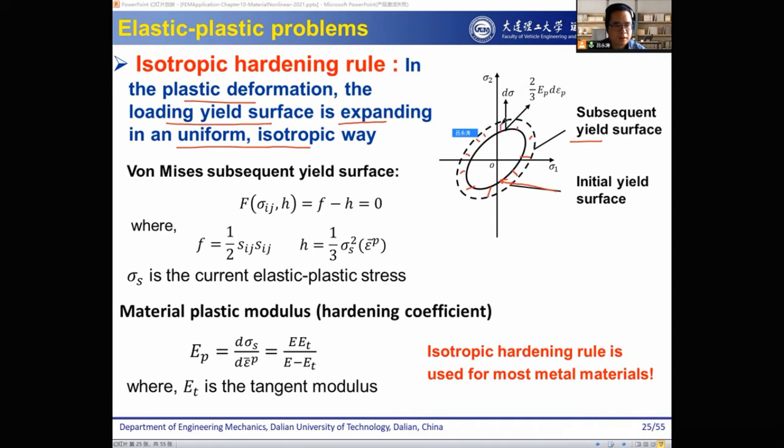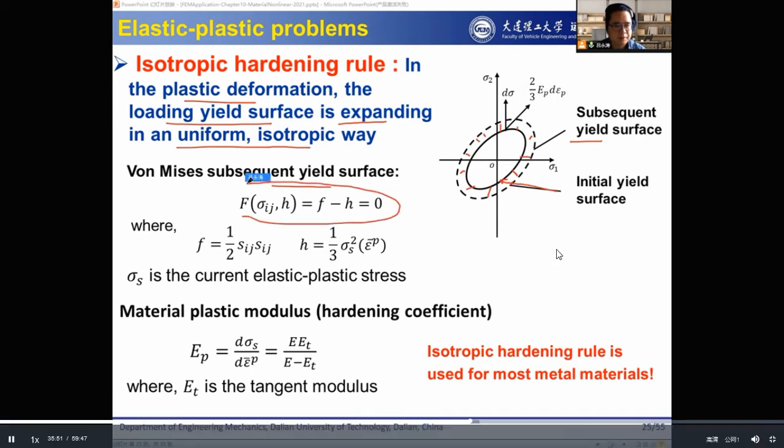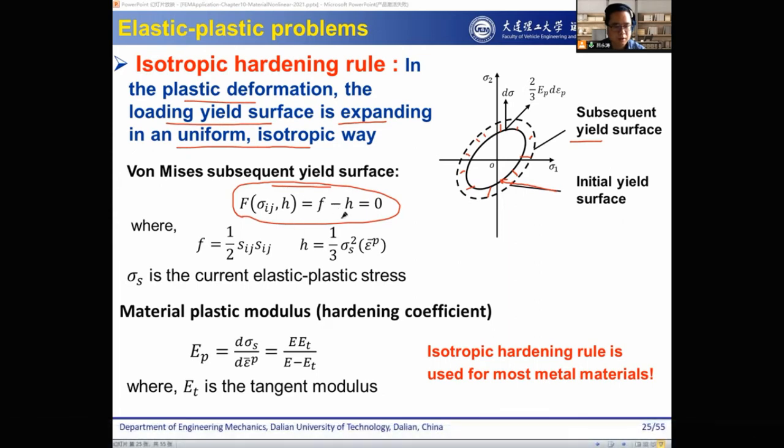The Von Mises subsequent yield surface is expressed mathematically in this equation, and the material plastic modulus, the hardening coefficient, can be written as this.